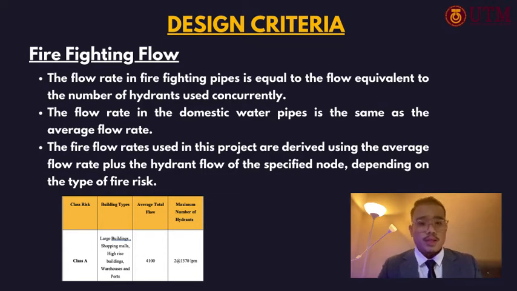The flow rate in firefighting pipe is equal to the flow equivalent to the number of hydrants used concurrently. Meanwhile, the flow rate in the domestic water pipe is the same as the average flow rate. The fire flow rate used in this project is derived using the average flow rate plus the hydrant flow of the specific node depending on the type of fire risk. In this project, we use Class A risk.